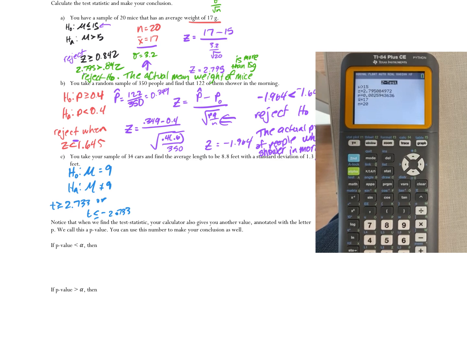As we look at this, the information we're given is n equals 34, my x-bar is 8.8, and the standard deviation of my sample is 1.3.